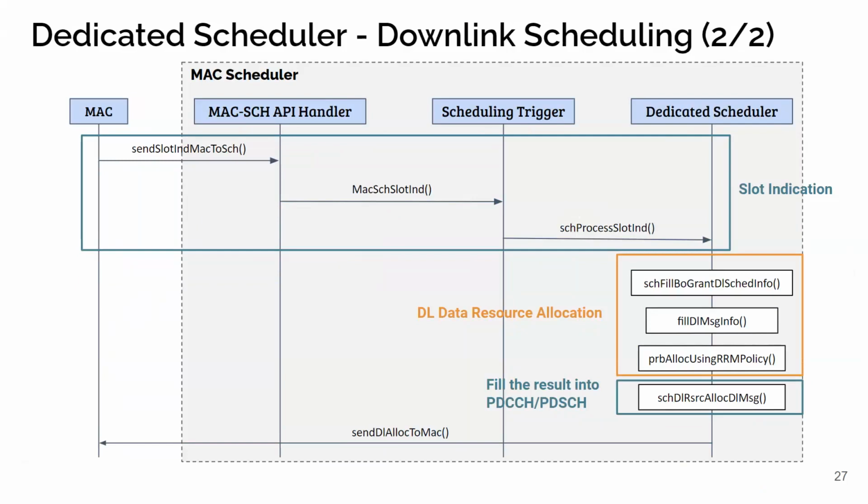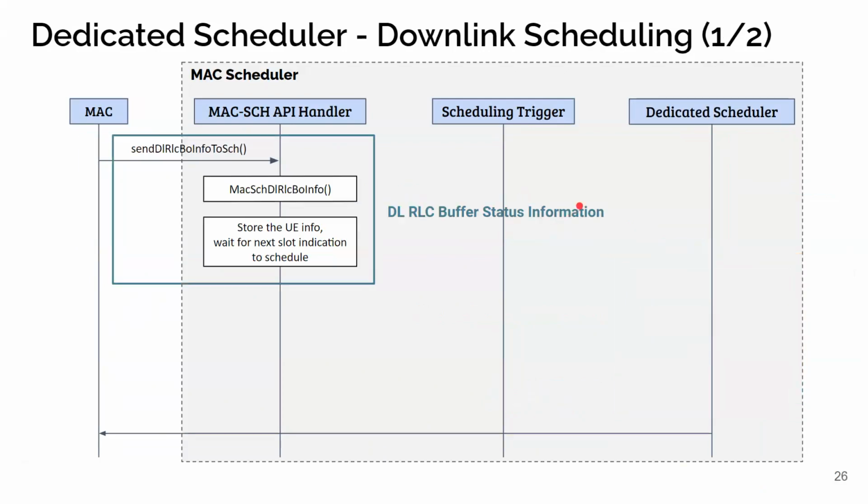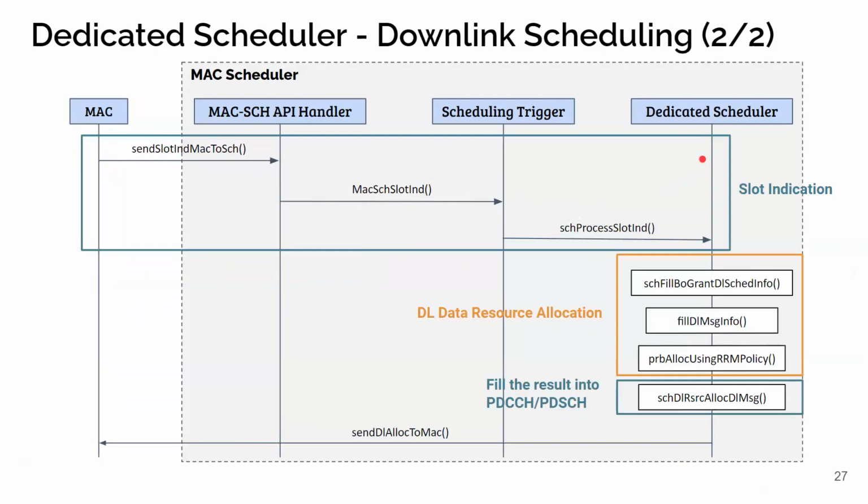So the slot indication already contains all the information from all the UEs? The information for each UE is interfaced by another API, and this one is just to tell the scheduler you need to do the scheduling. It just carries the SFN, the system frame number, the slot, and the number of slots.